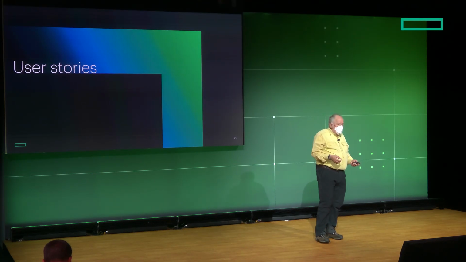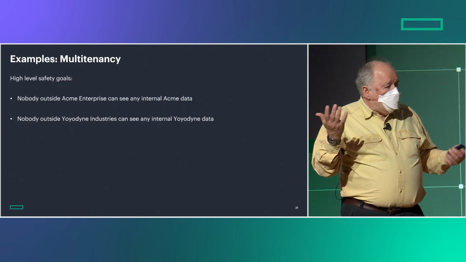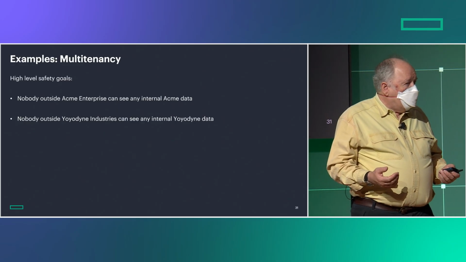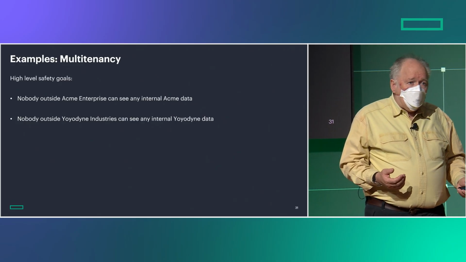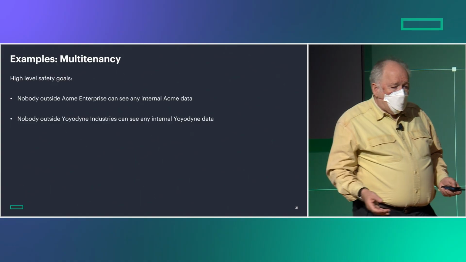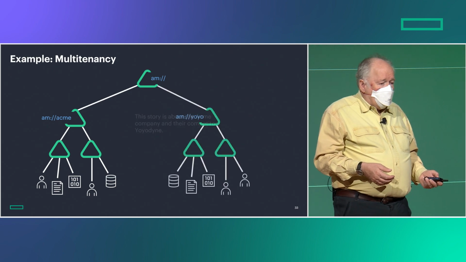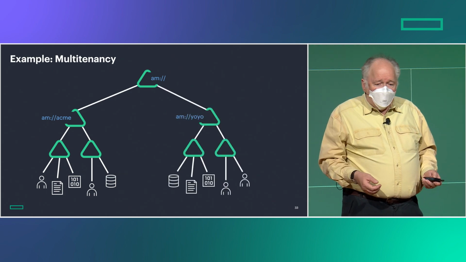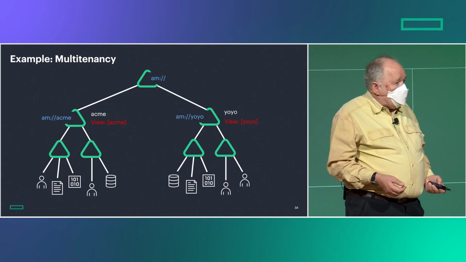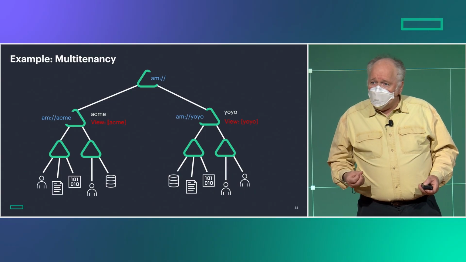Let's tell some stories. Suppose we have two organizations, Acme and Yoyodyne. We want to say Acme people see Acme data, Yoyodyne people see Yoyodyne data. Well, we do it very much like we saw in the previous slide with Acme, but now we add Yoyo. We have the single attribute on Acme and the single attribute on Yoyo.